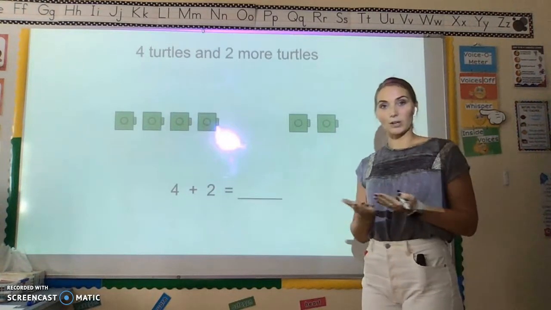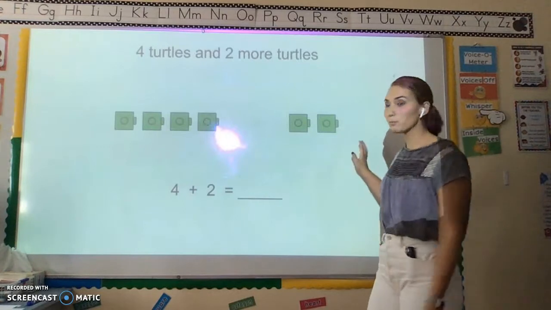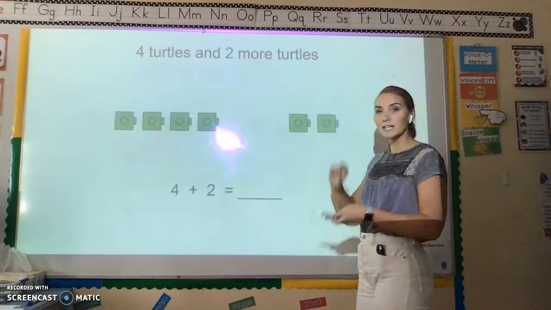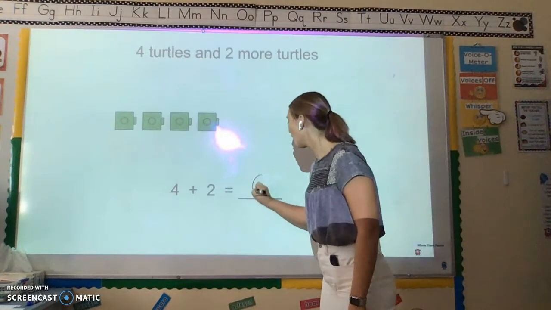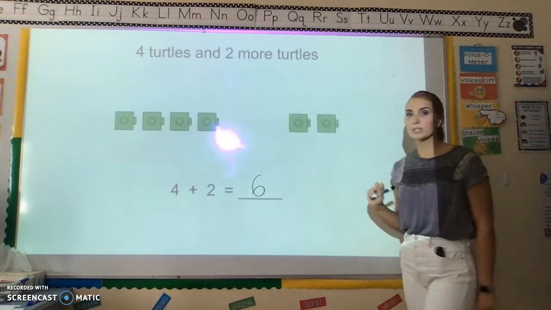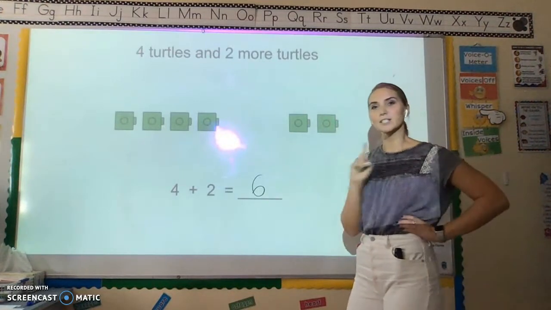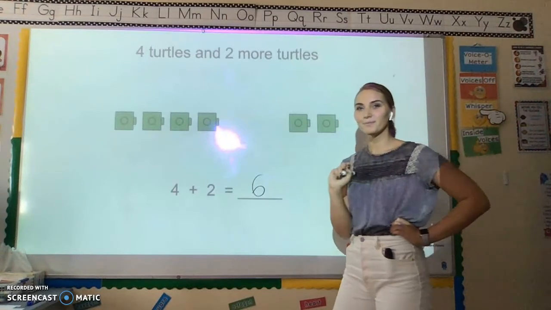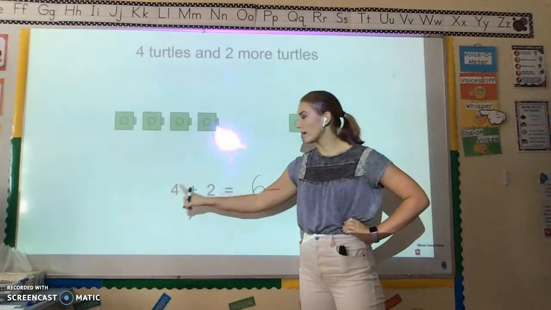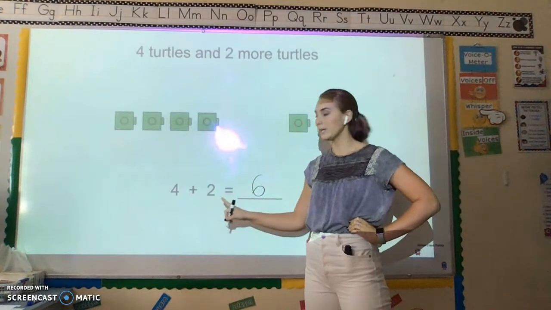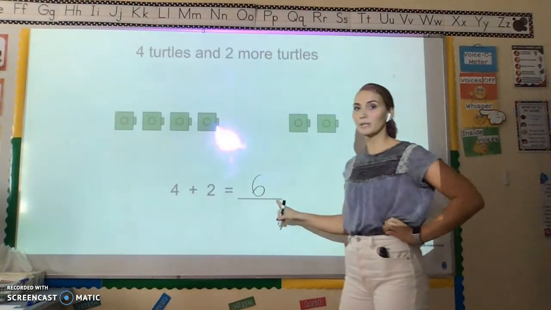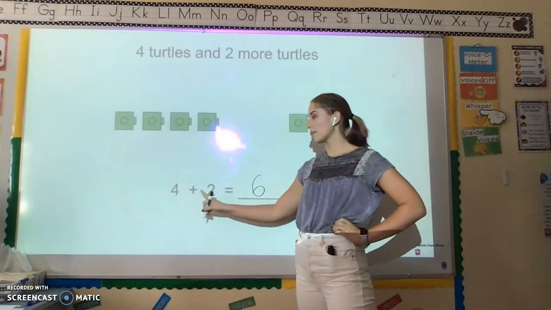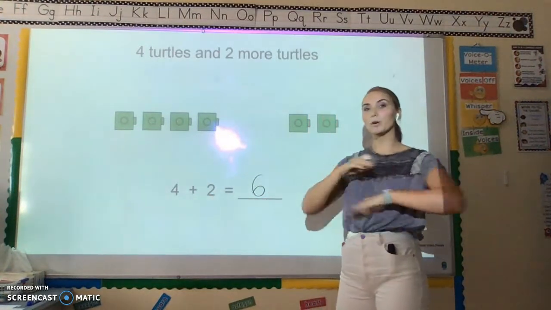How many turtles all together? Count your blocks. 1, 2, 3, 4, 5, 6 turtles all together. So boys and girls, will you read this addition sentence for me at home? 4 plus 2 is equal to 6. Or we could say 4 plus 2 equals 6.